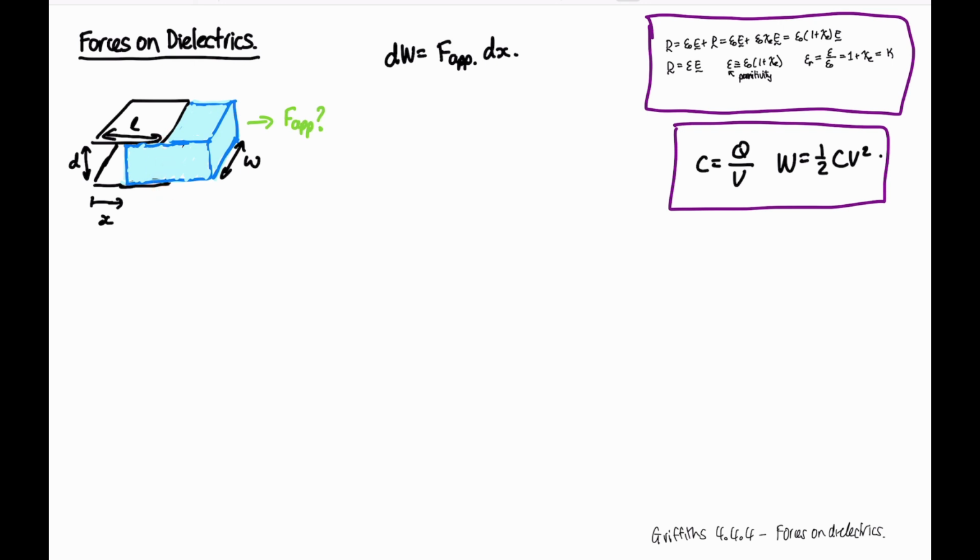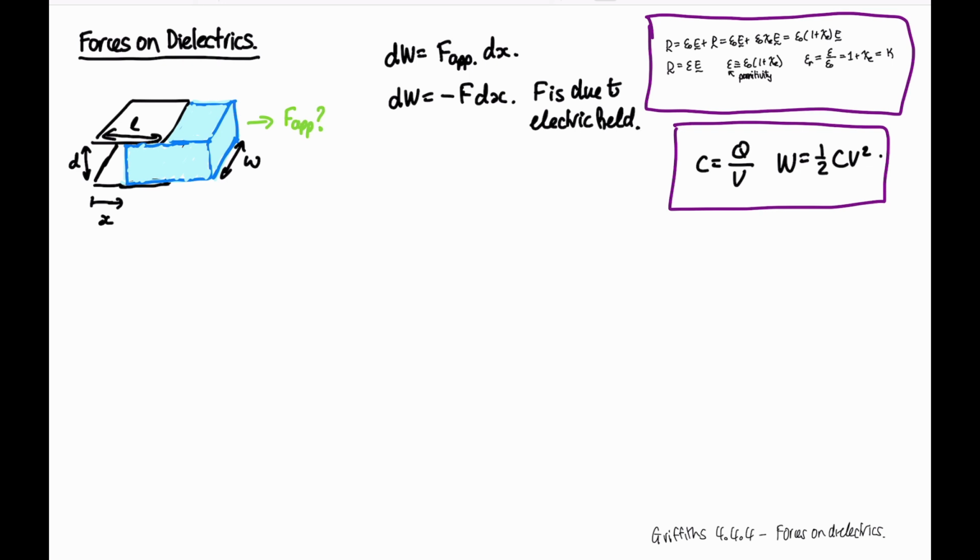Now, the electric field is going to be applying a force which opposes this applied force. That's what we're doing the work against. That's why it's hard to pull it out, because the electric field has a force in the other direction. So we will have that dW is equal to minus F dx, where this F is due to the electric field.